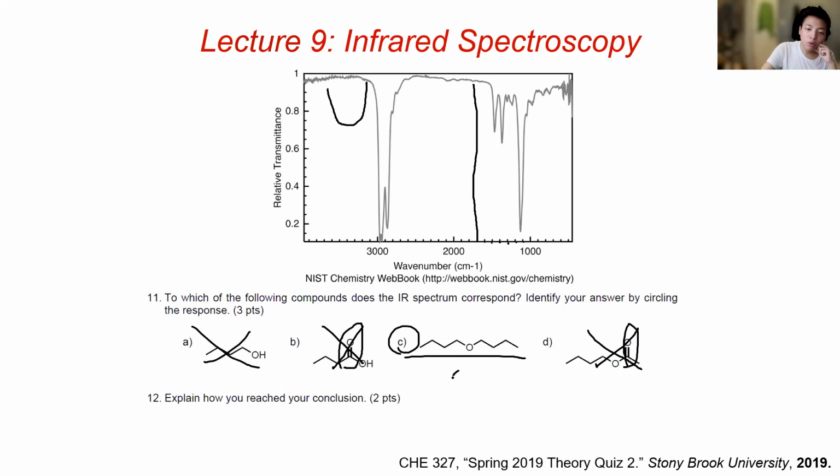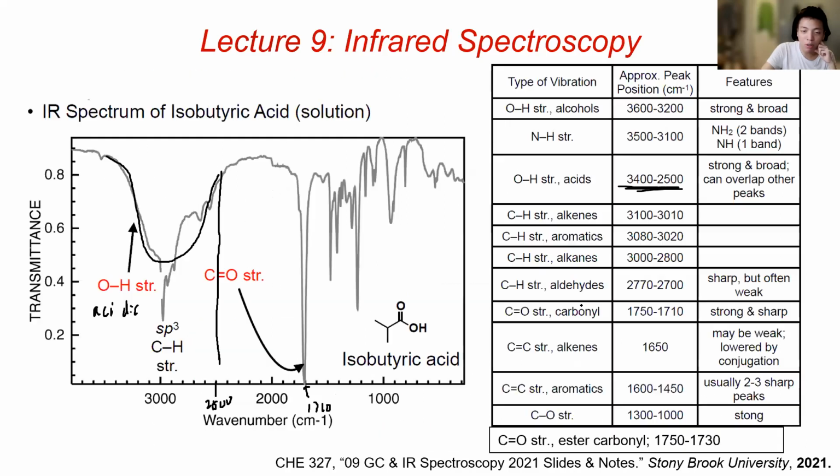And for this, we have carbon bond stretches, 2 of them. And this is a CO stretch, a very strong one. You can refer back to the chart. For carbon-oxygen single bond, that should be strong.